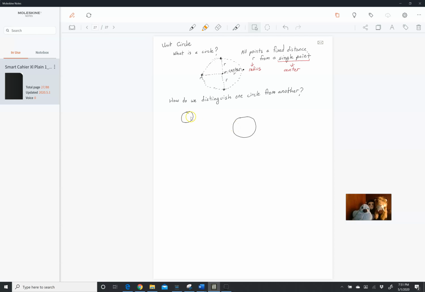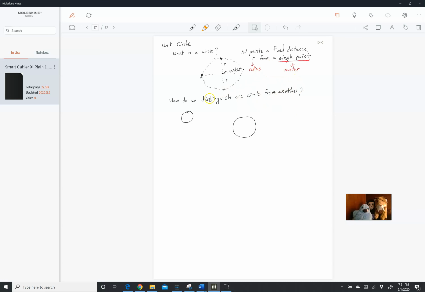There are two things that make two circles different from each other. The first thing is obviously the size. This circle is smaller than this one. The second thing is the location. We could have two circles that are the exact same size but located in different places. Maybe this circle is over here on the page, and we have another circle the exact same size over here.